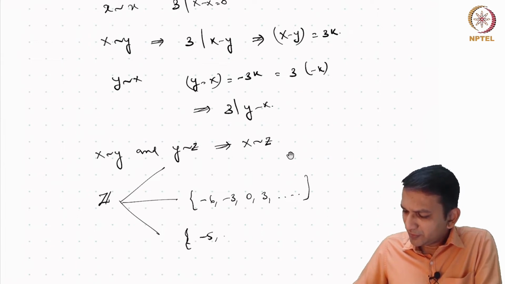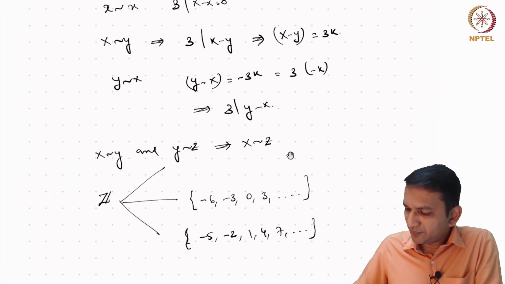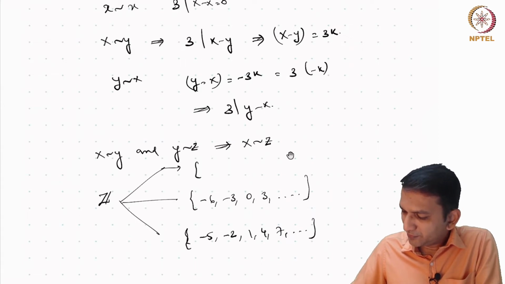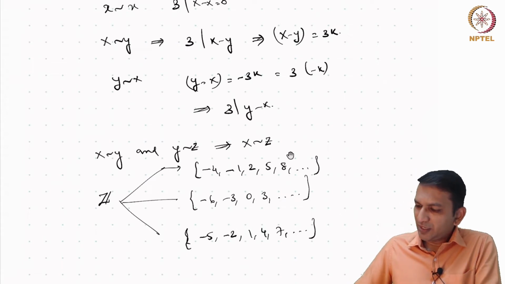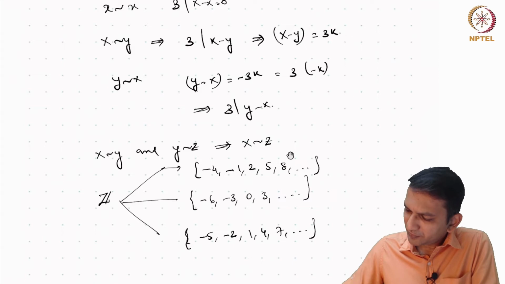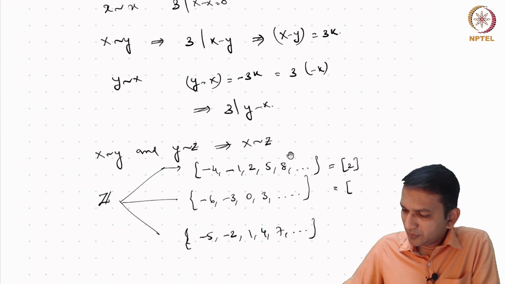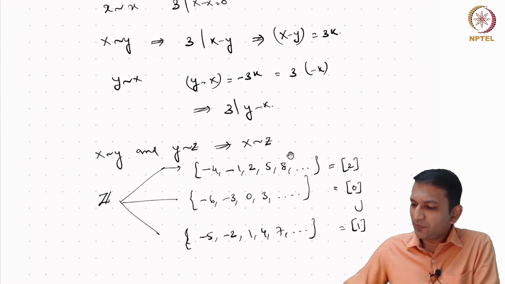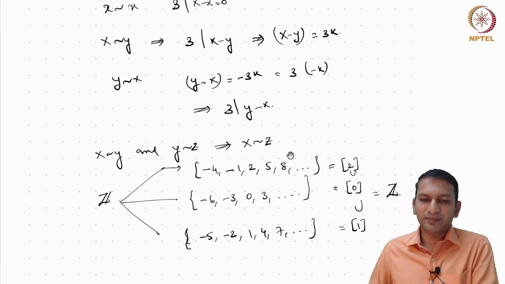We have minus 5, minus 2, 1, 4, 7, and minus 4, minus 1, 2, 5. And you see that this is essentially the equivalence class of 2, equivalence class of, let's say, 0, and equivalence class of 1. And the union of them will actually give us that.